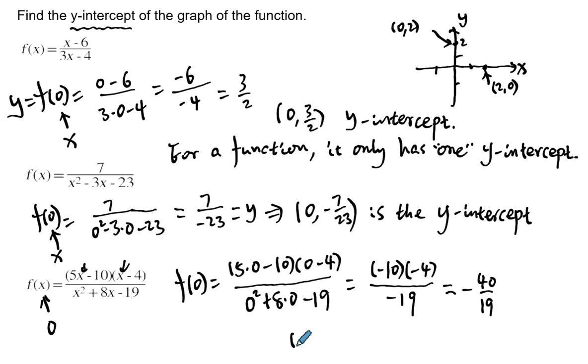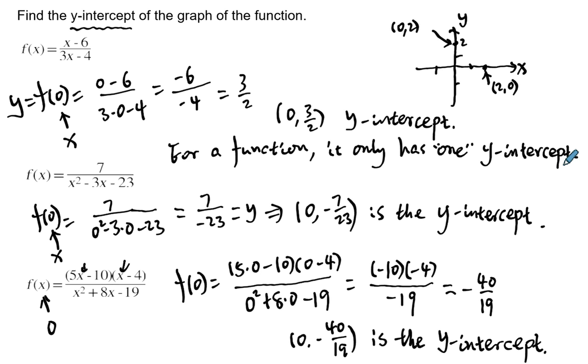So what is the y-intercept? The y-intercept is (0, negative 40 over 19). Okay.